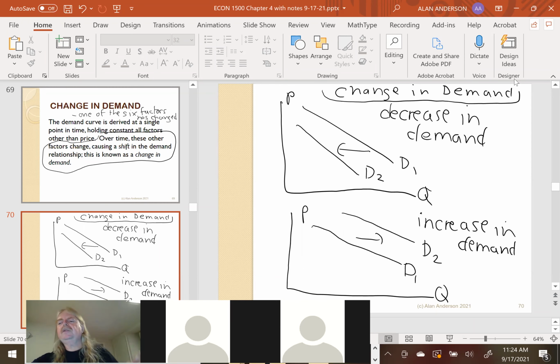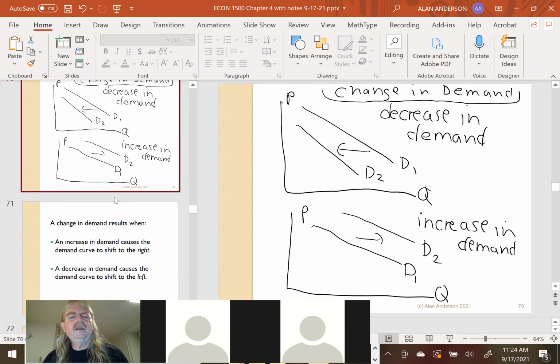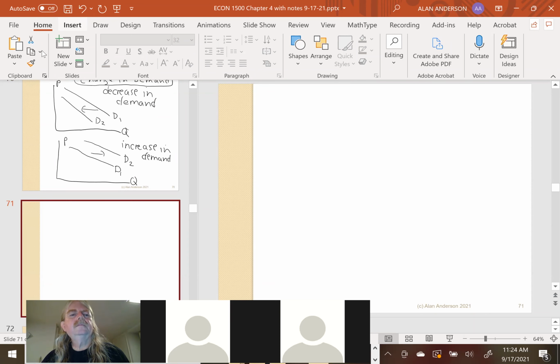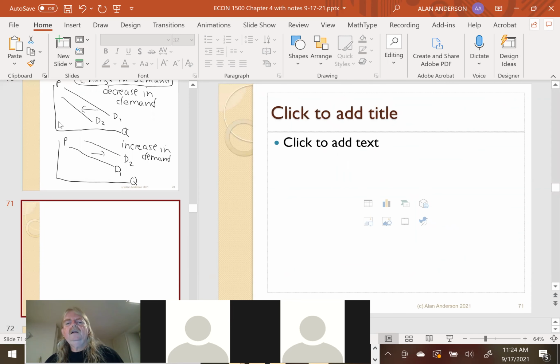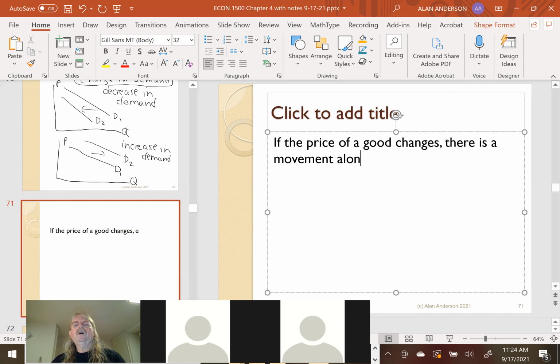All right, so let me just type up a quick summary here. Okay, so in other words, if the price of a good changes, there is a movement along the same demand curve.